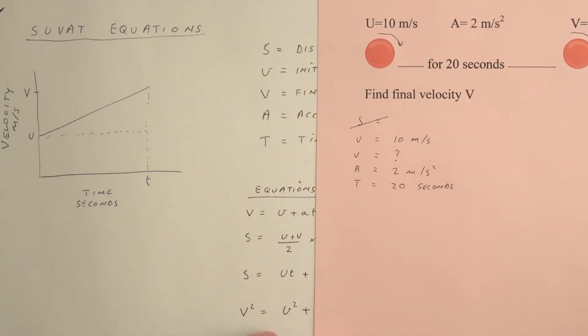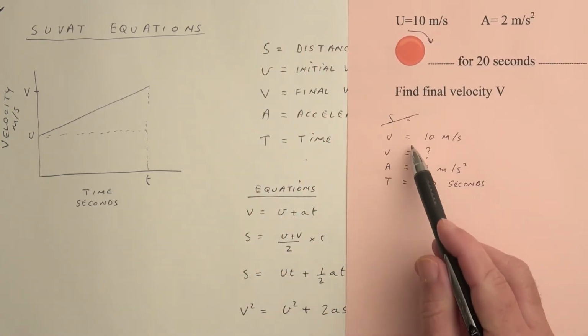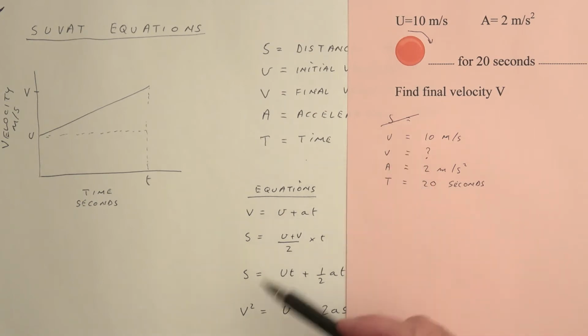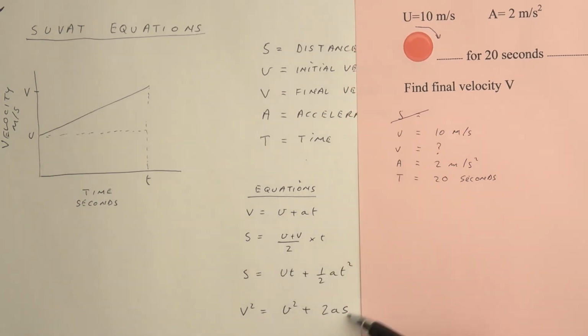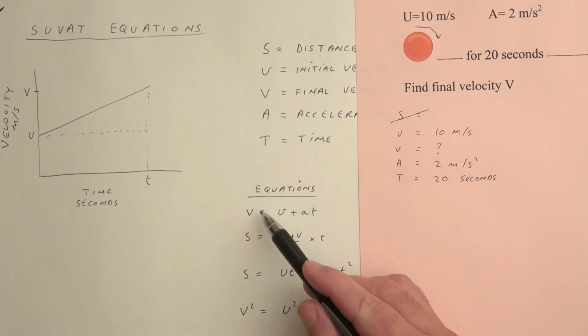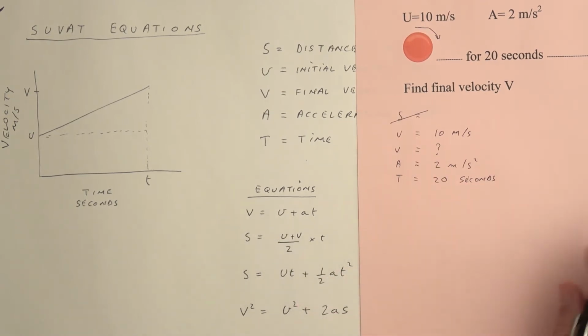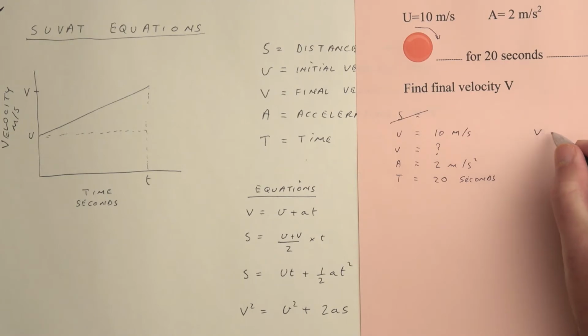Now we look for the right equation. We can't use anything with s in it because we don't know it. So we've only got this one here. v equals u plus at.